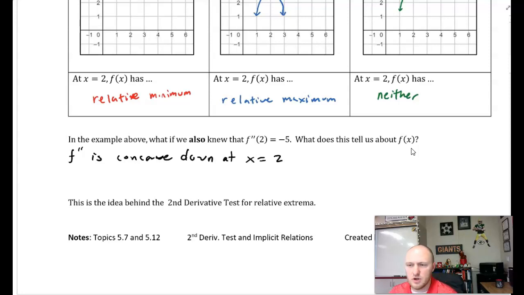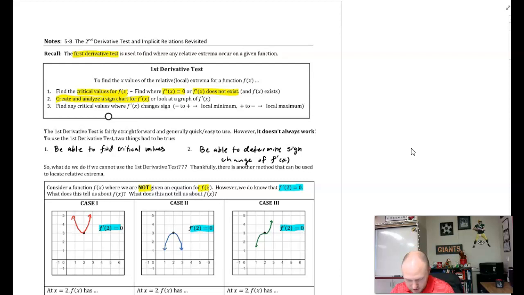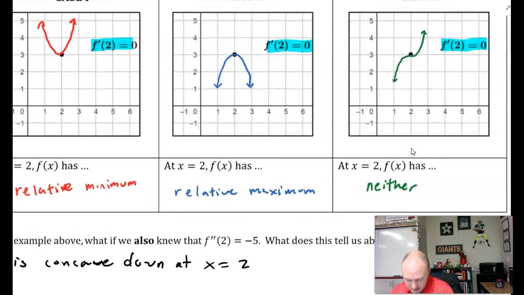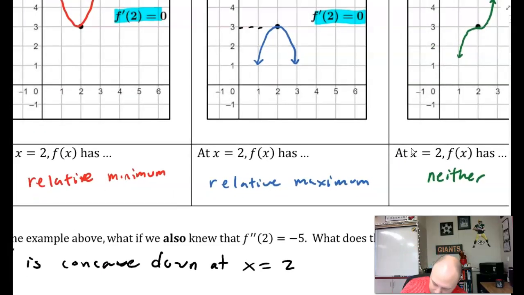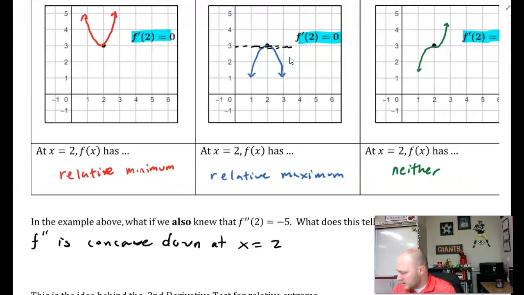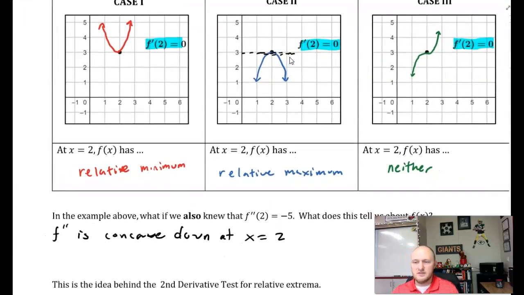And it's going to look like case number 2, right up here, that it is concave down, and I have that horizontal tangent there at f of 2.